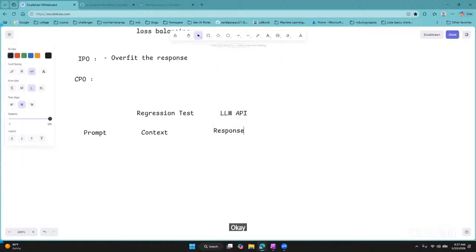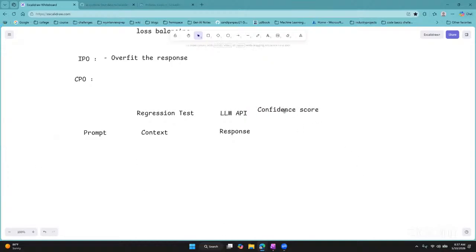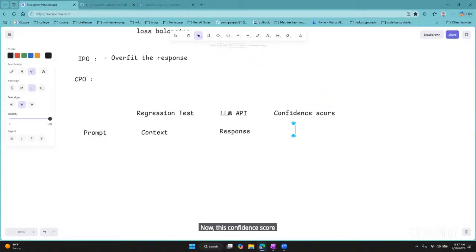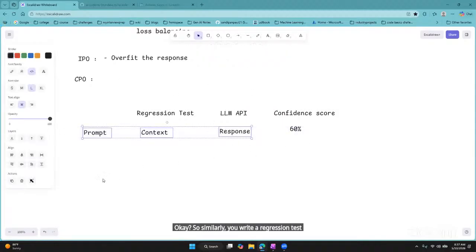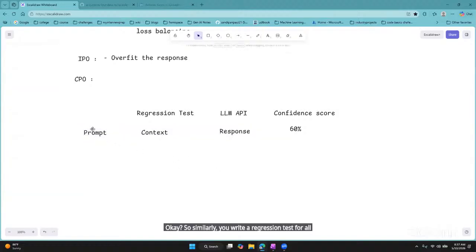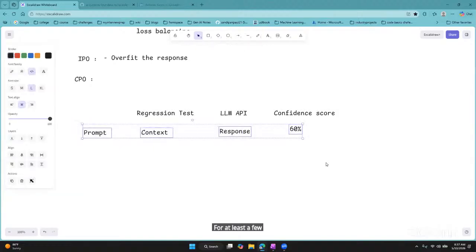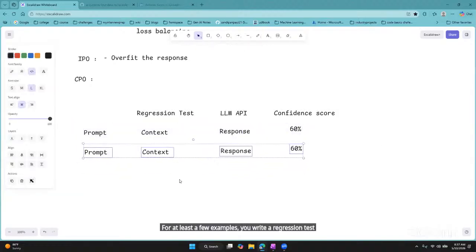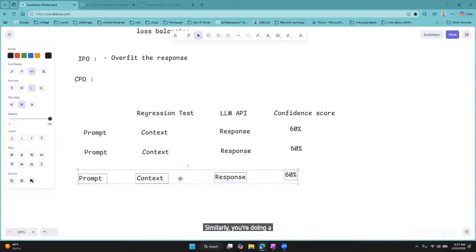And try to generate a confidence score. Now this confidence score is somewhere around 60%. Similarly, you write a regression test for at least a few examples manually, and then you do the regression test for all.